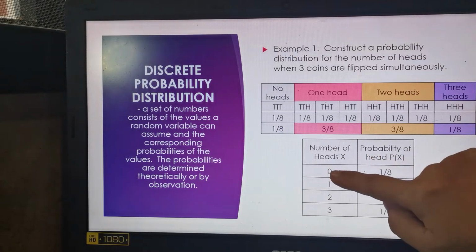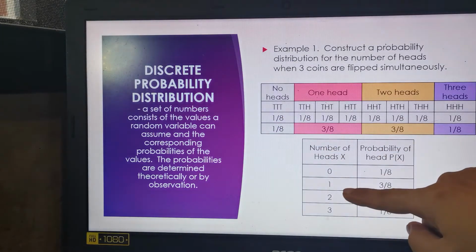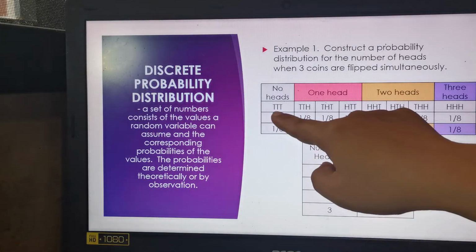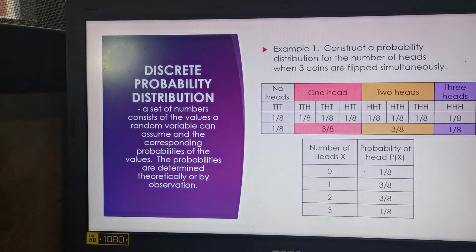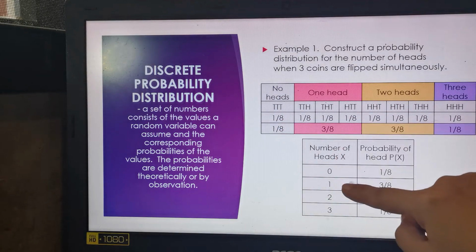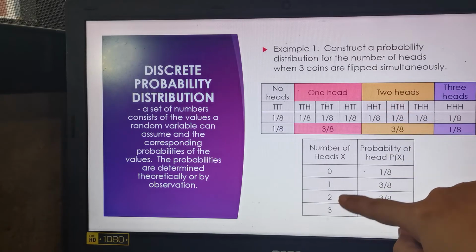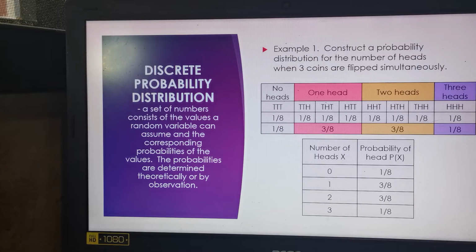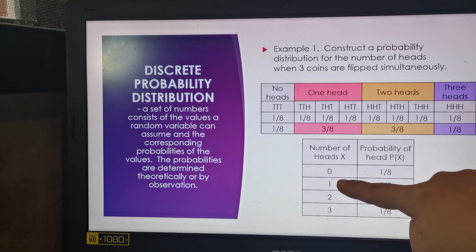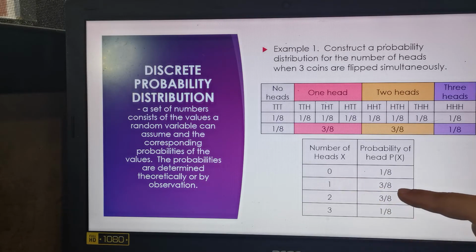So, this is already the table of the probability distribution of the number of heads. The number of heads is 0, of course, because this one has no head, just tail, tail, tail. And then, we also have 1 head, 2 heads, and 3 heads. The number of heads is our x, and then the probabilities are these. For no heads, the probability is 1/8. For 1 head, 3/8.